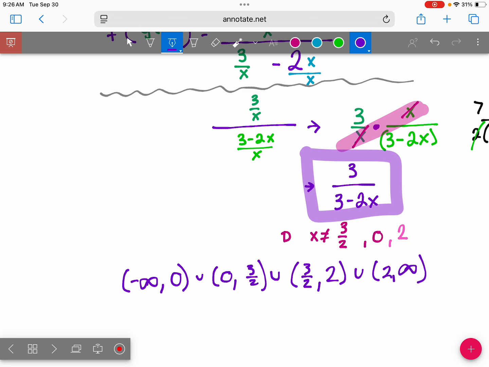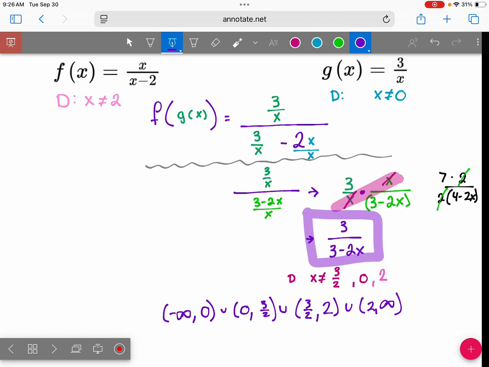Ugh, lots. Gross. But it combines all of the pieces together. So anything ruled out of our domain through our process, or anything ruled out of our domain from what we started with, all combine into our composed function.